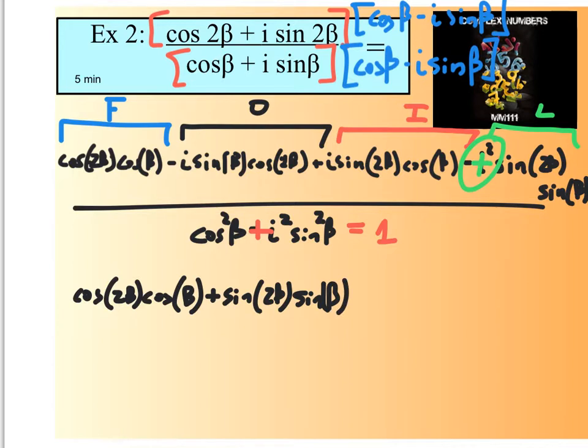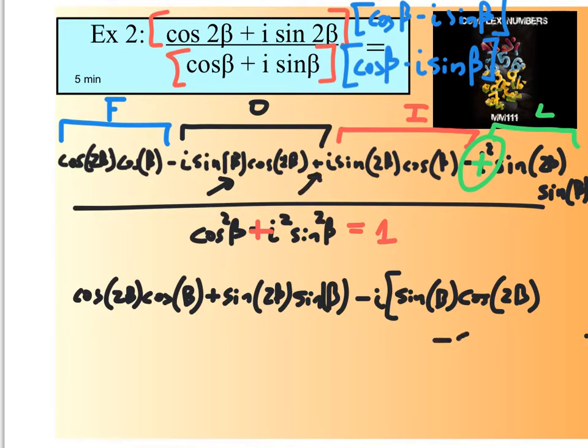Okay, and then the second portion, I'm going to pull out a negative i, and I get sine of beta cosine of 2 beta. Get that directly from right here. And the other portion, since I pulled out a negative i, that'll make this a negative sine of 2 beta cosine of beta.